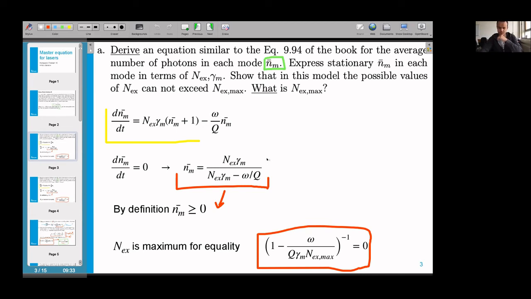I guess it might be possible. Let's see if we multiply by a minus. And also considering that it asks for the maximum number of excited atoms, it should be something smaller than omega over q. But yeah, logically the current expression doesn't make sense to me.